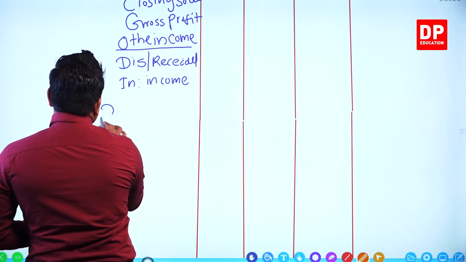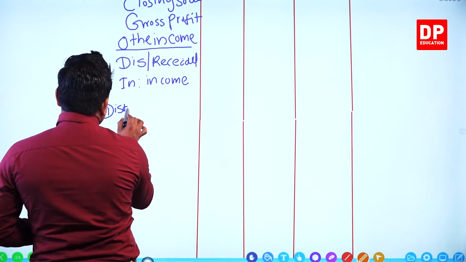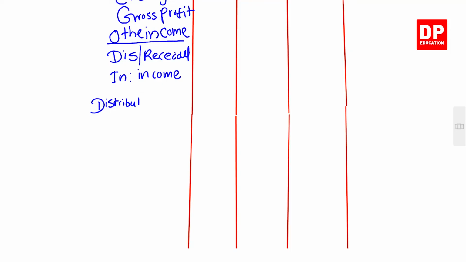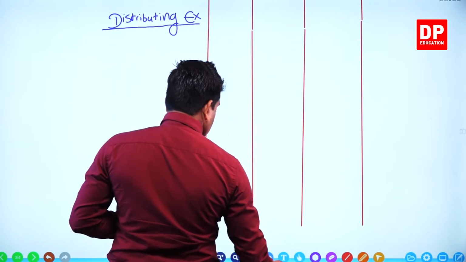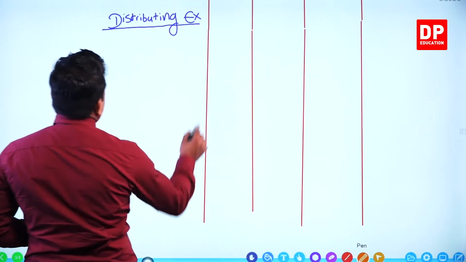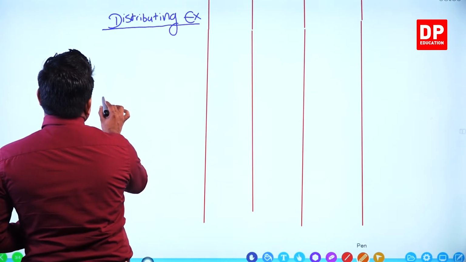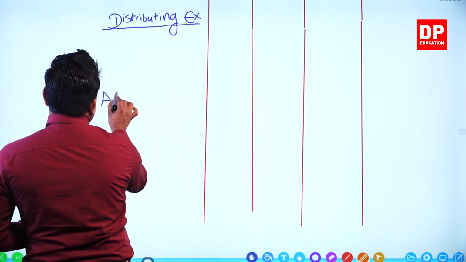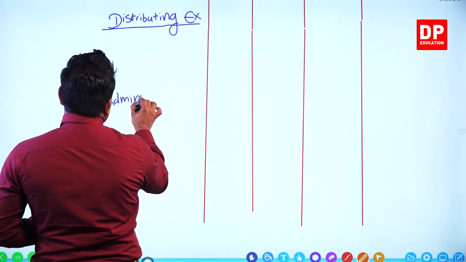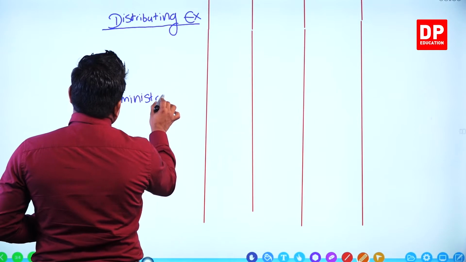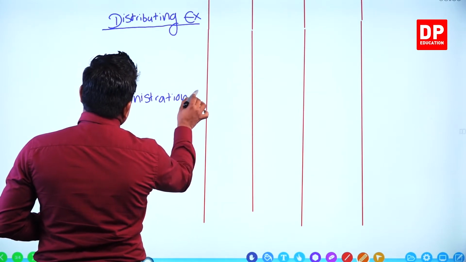Then you can write distributing expense. You give space like 4 rows, right? Then administration expense.